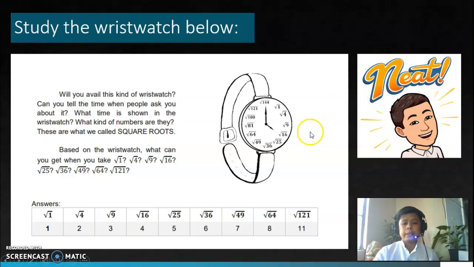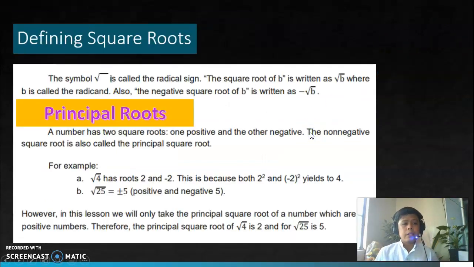Okay. So, next, let us define square roots. The symbol, ito yung symbol, is called the radical sign. The square root of b is written as square root of b, where b is called the radicand. Also, the negative square root of b is written as negative and then square root of b.